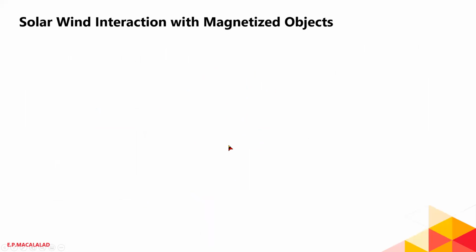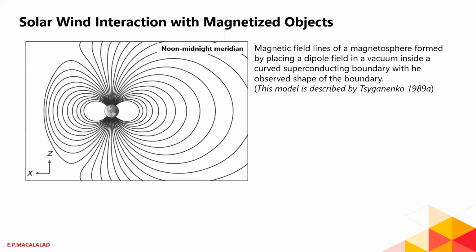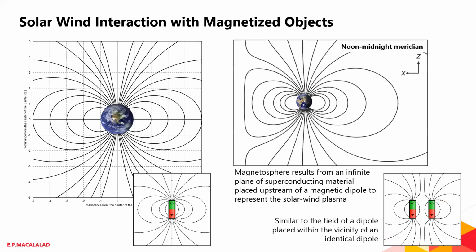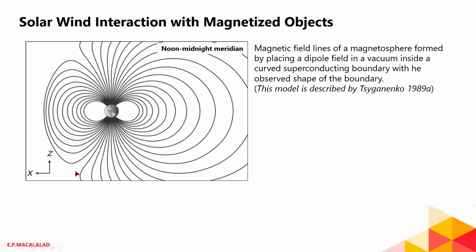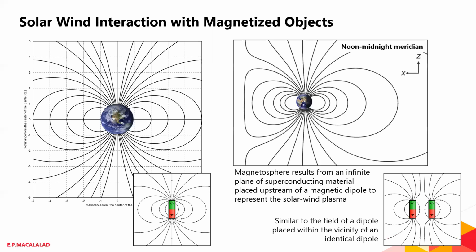Now, if we have a solar wind, that means there is some kind of curved influence. So from this figure it becomes this figure. This actually approximates better than your previous model.